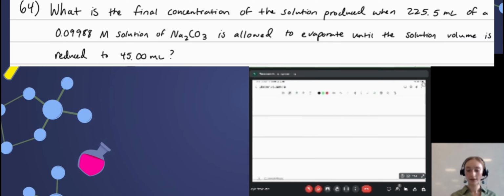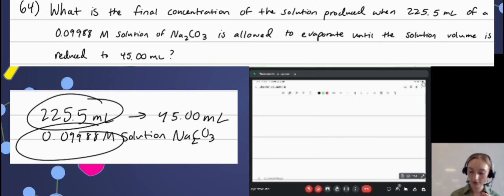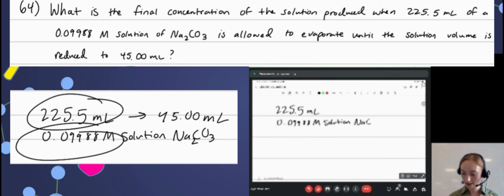So this question is asking us the final concentration of a solution produced when 225.5 milliliters of a 0.09988 molarity solution of sodium carbonate is allowed to evaporate until the solution comes to 45.00 milliliters.